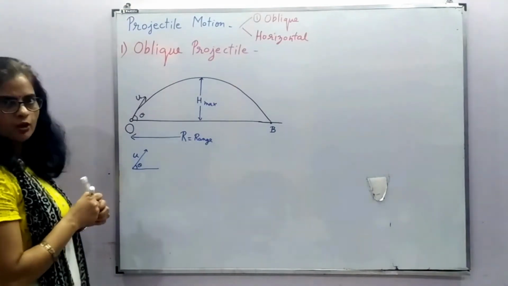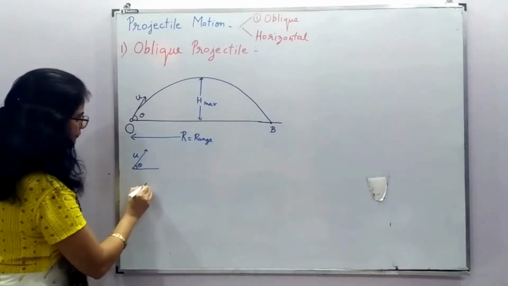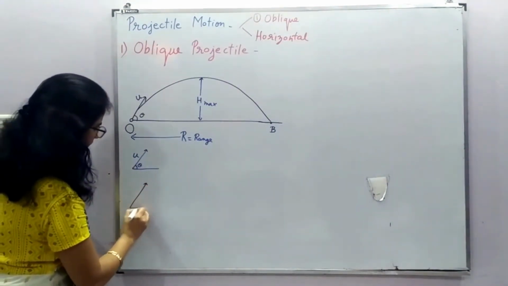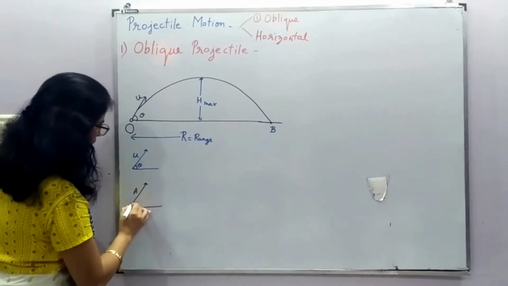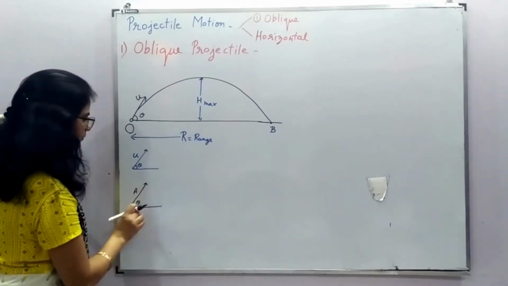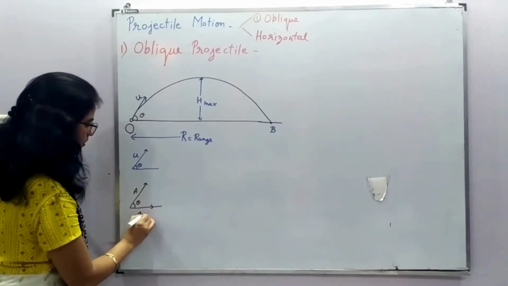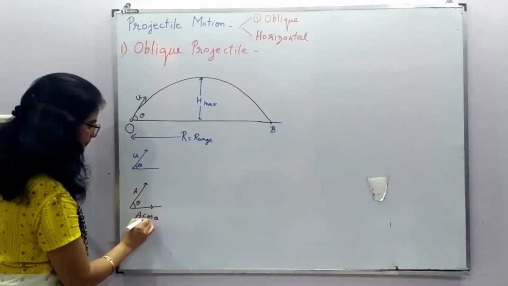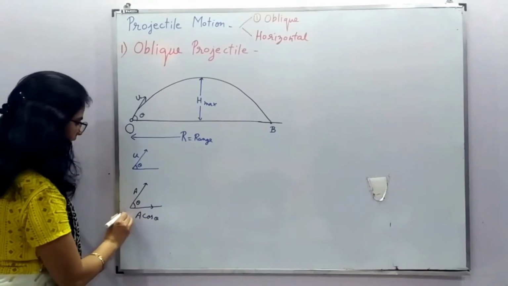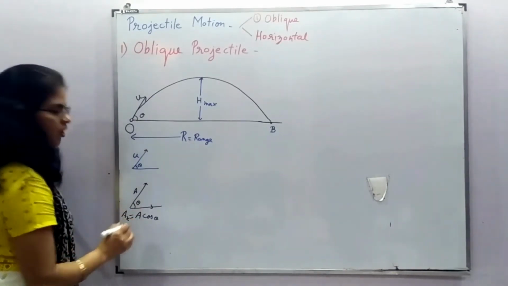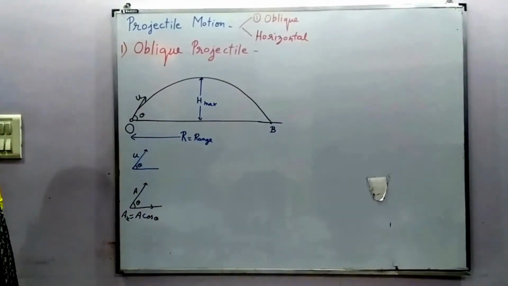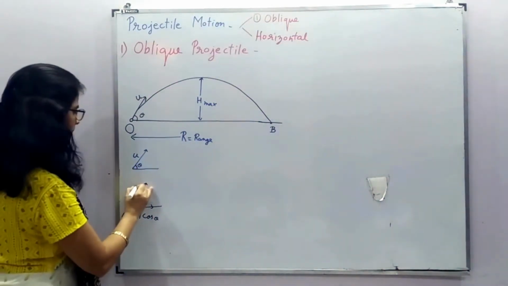Now, just recall the concept of vectors, that if we have a vector A in this direction, this is theta, then what is this component along horizontal direction? This is A cos theta, you remember? Yes, we can say that this is the horizontal component or x component of vector A, right?